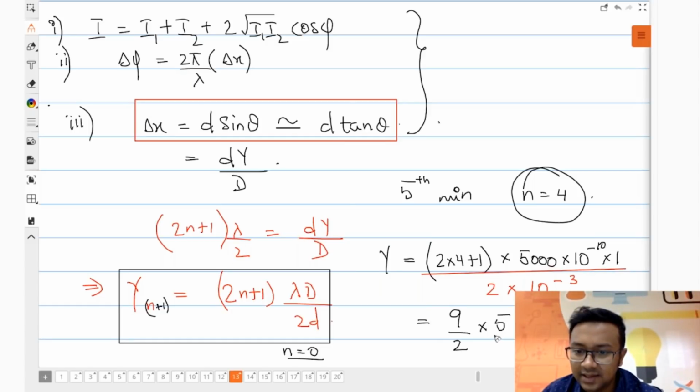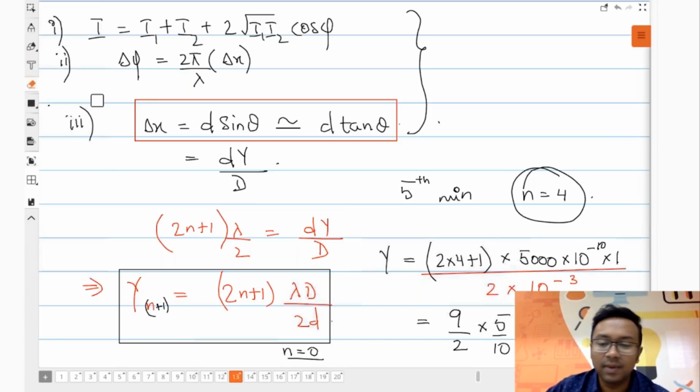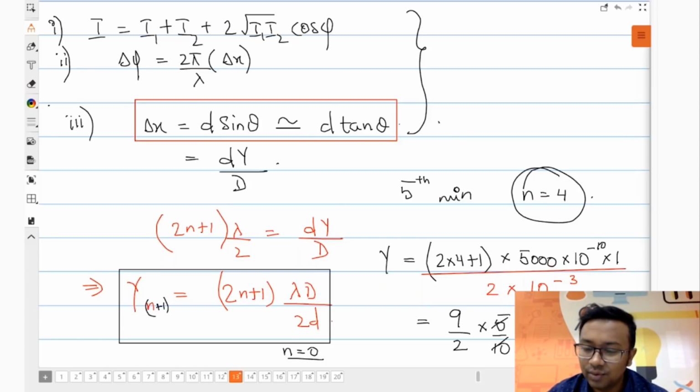I'll take a 10 out here, so this will become 10 to the power minus 3, and this will be 2. So this is going to be 9 by 4 millimeter, which is approximately 2.25 millimeter.